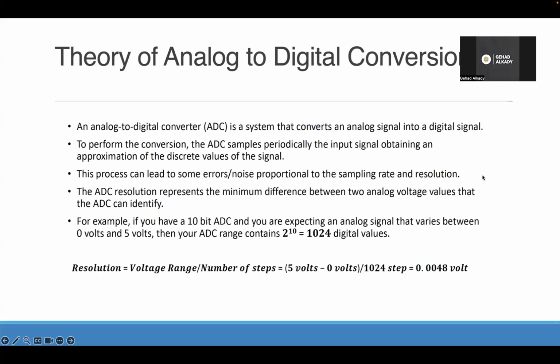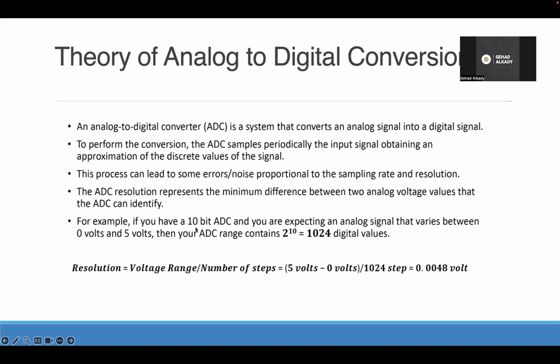The minimum difference between two analog voltage values is called the resolution. The resolution is calculated based on the n bits of the ADC that we talked about a while ago.